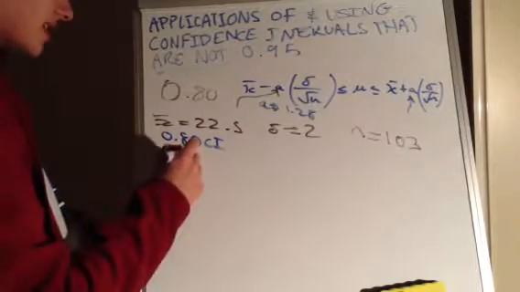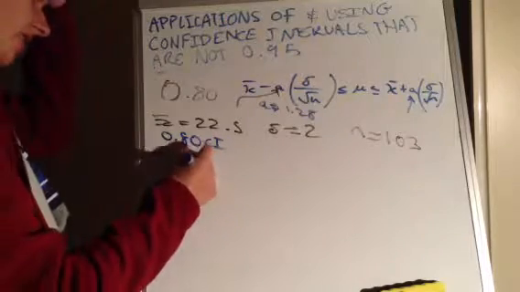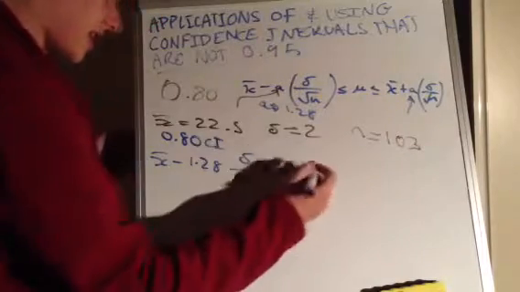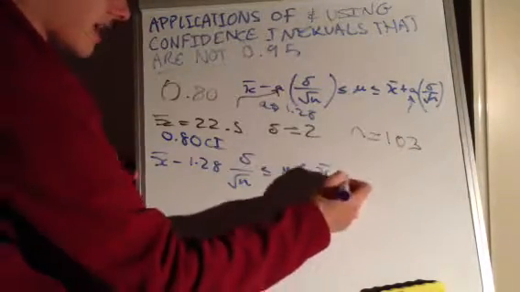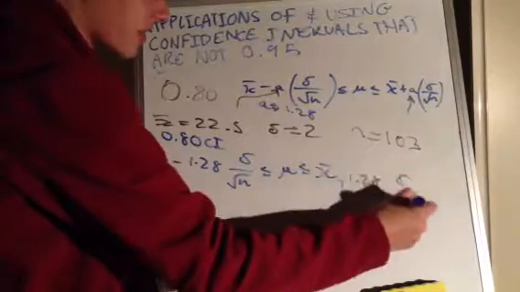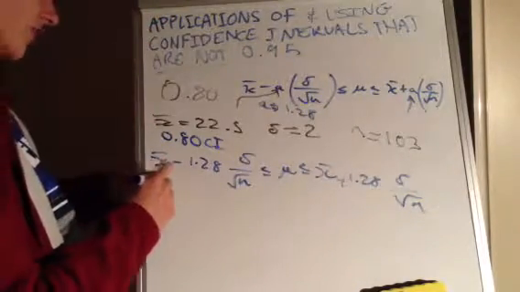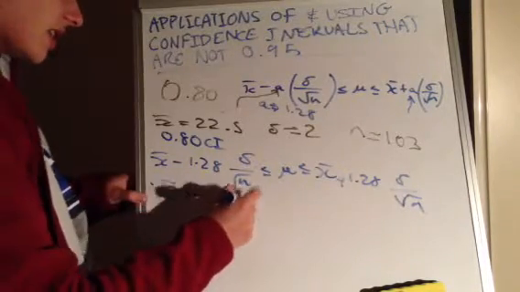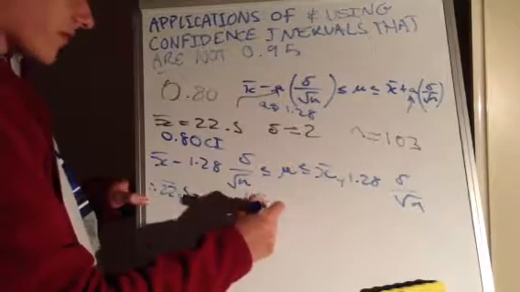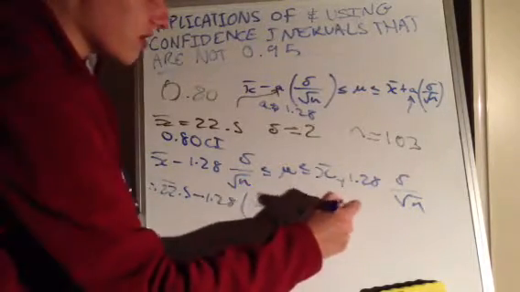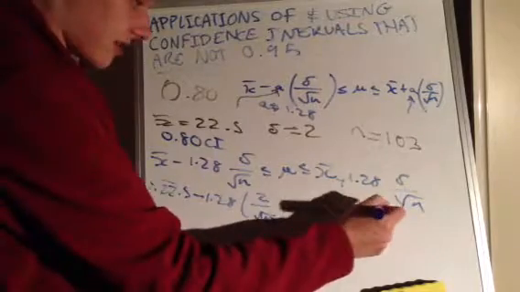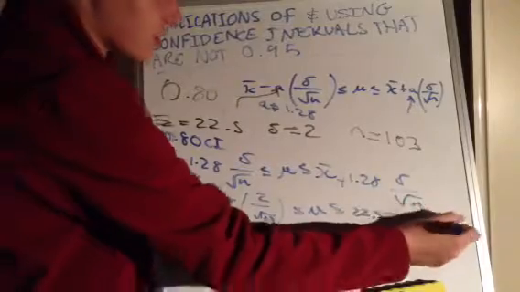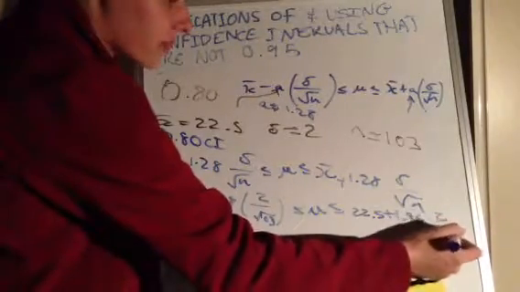We could go x bar take, and in this case it would be 1.28 sigma over root n, less than or equal to mu, less than or equal to x bar plus 1.28 lots of sigma on root n. And when we substitute in those values, we get 22.5 take 1.28 lots of sigma, which is 2, on root 103, is less than or equal to mu, is less than or equal to 22.5 plus 1.28 lots of sigma, sigma being 2, on root 103.